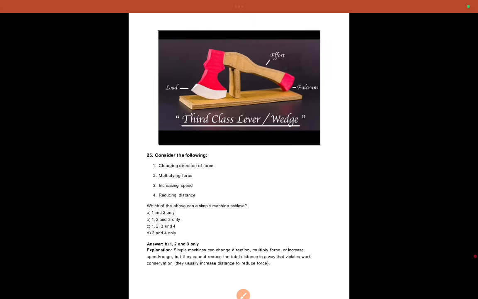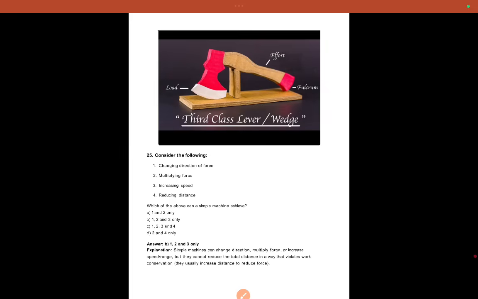Question number 25. Consider the following: changing the direction of force, multiplying the force, increasing the speed, reducing the distance. Which of the above can a simple machine achieve? See here, look, there is a question. Longer distance, not shorter distance.